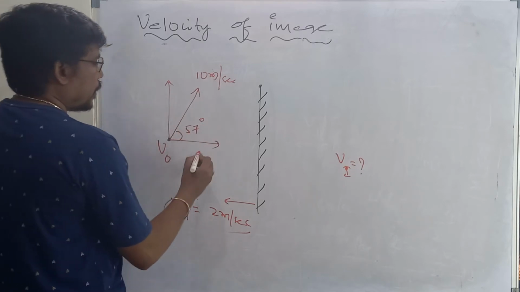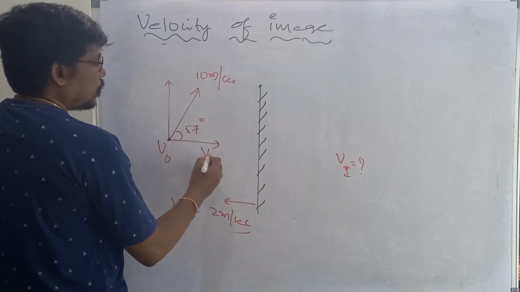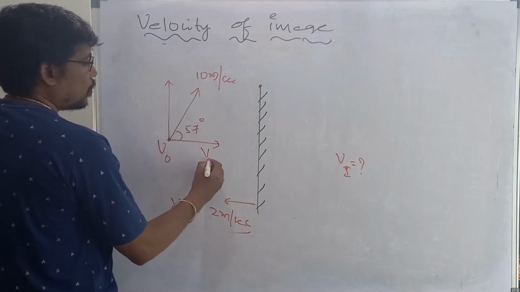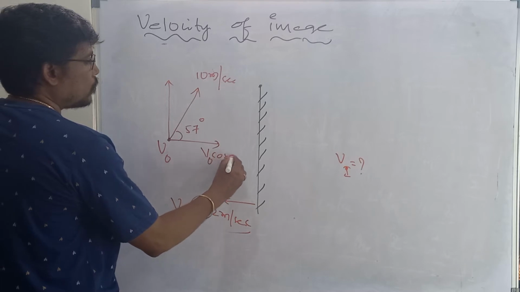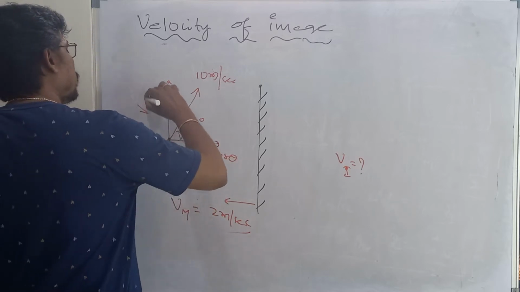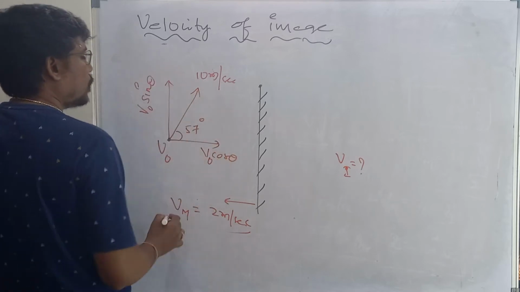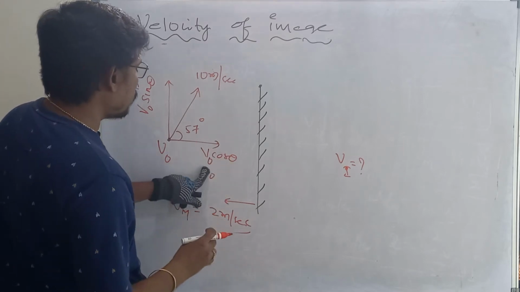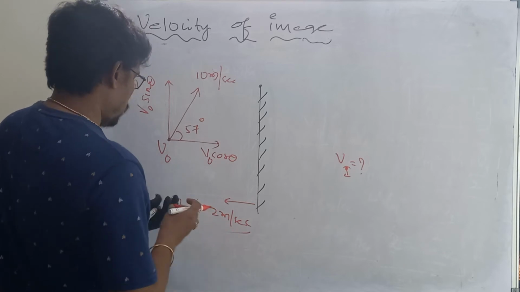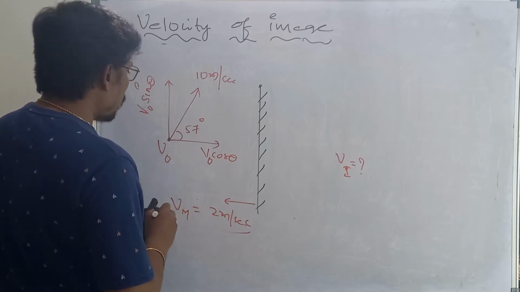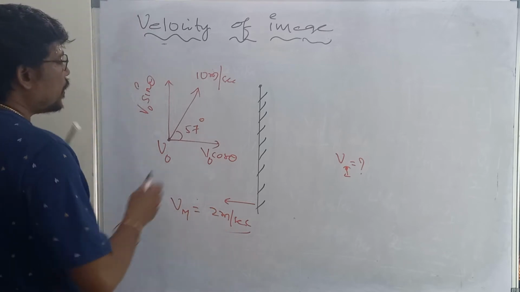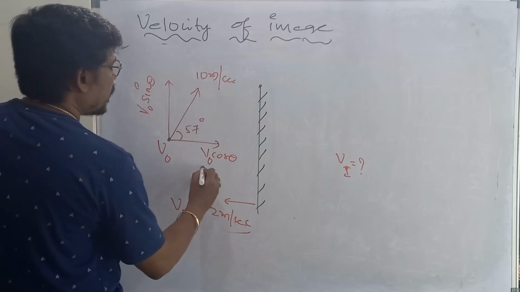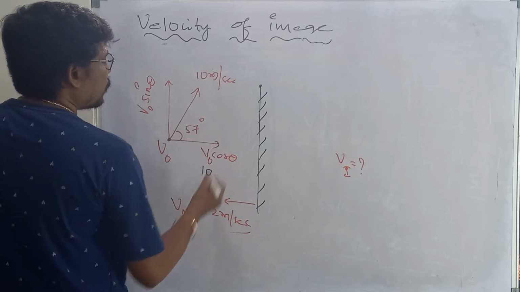So here you can write V naught cos theta and V naught sin theta. V naught is given as 10. So it is 10 and cos 57.